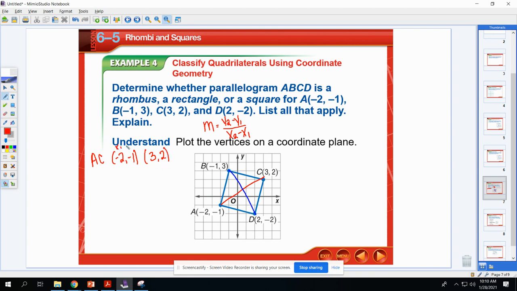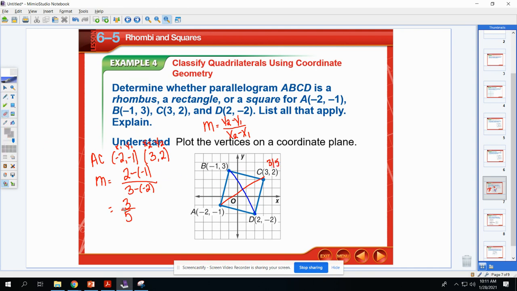So by finding the slopes here, x1, y1, x2, y2, this is going to be m equals y2, 2 minus a -1, or 2 plus 1, over 3 minus a -2, or 3 plus 2. So when we condense this here, this is going to be 3 on top, and 3 minus -2 on the bottom is going to be 5. So our red line here, AC, has a slope of 3/5.